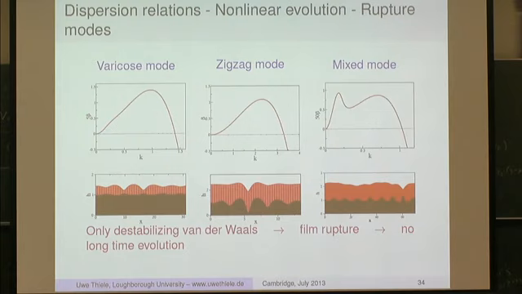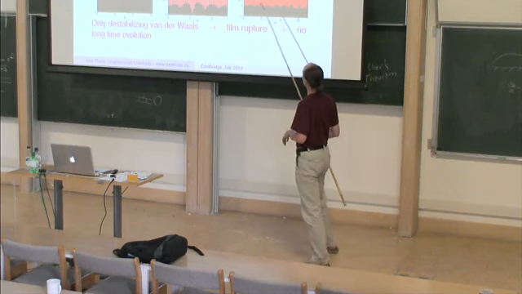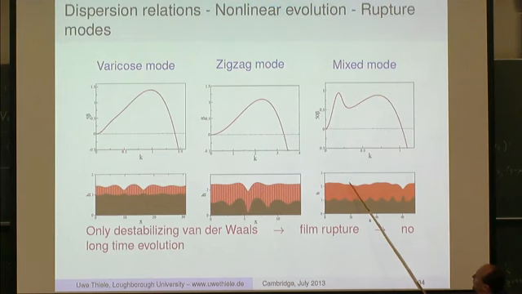And what happens there is, if you look at the eigenfunctions for this value and for that value, one of them is nearly localized at the top interface, the other one at the bottom interface. So you have two different modes that mainly affect the two interfaces respectively with different wavelengths, right?